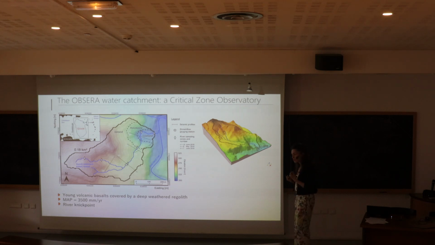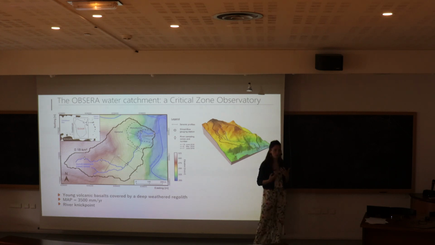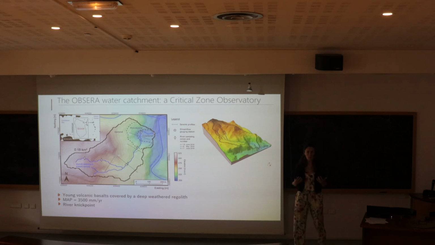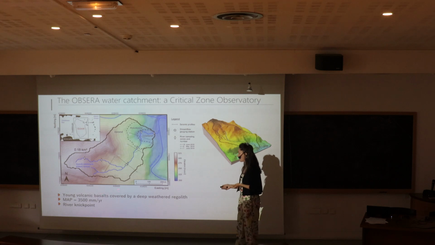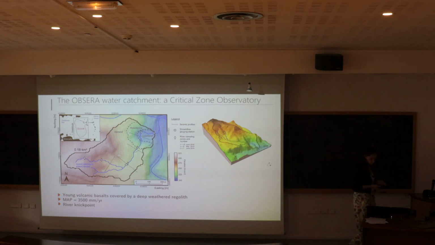And yet, the weathered layers are very deep, which means that there is weathering occurring, but everything is already weathered, which of course raises the question, where is the weathering occurring? One of the reasons why there is so much weathering is the high rainfall rates, as you can see here, with more than 3 meters per year of rainfall.